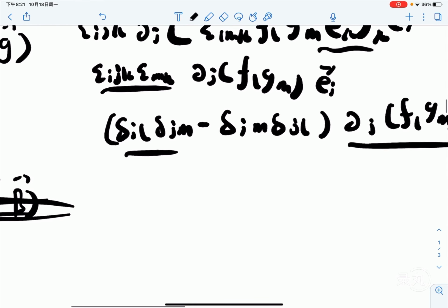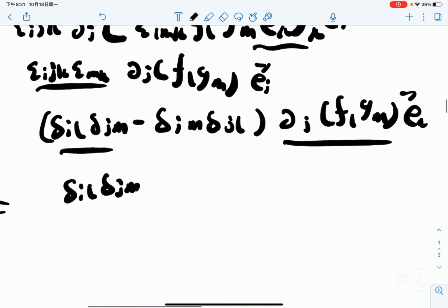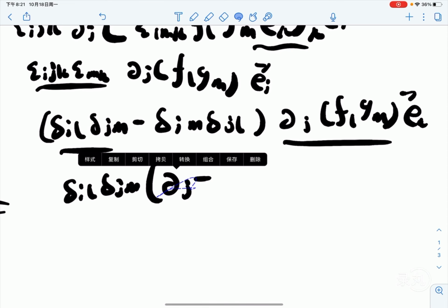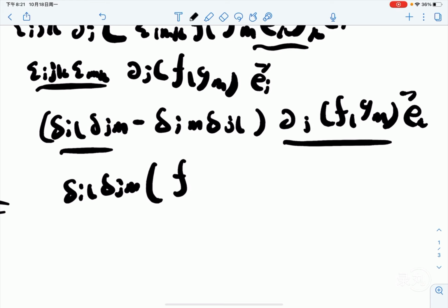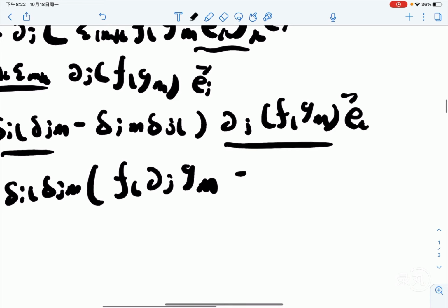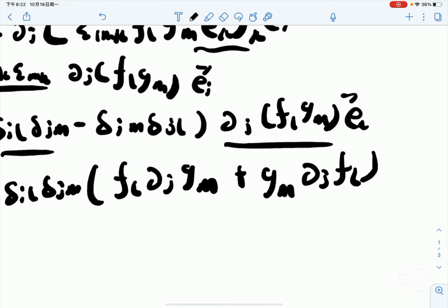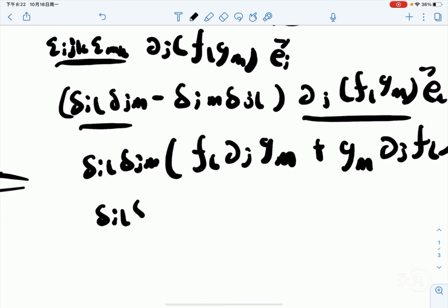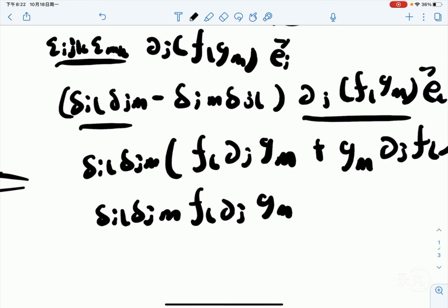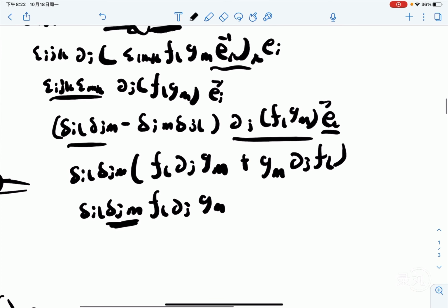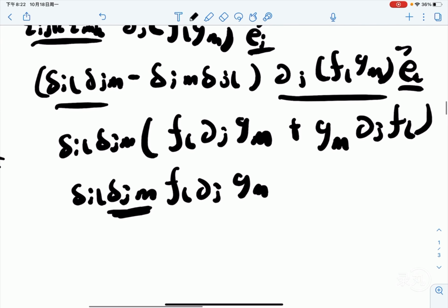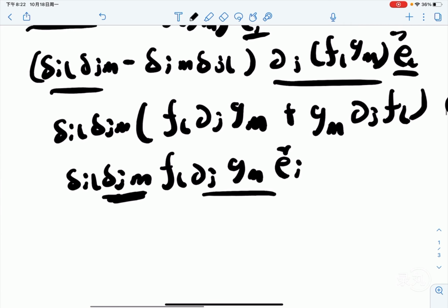And we're going to take a look at the first term, which is equal to ∂_J (F_L G_M), and by the chain rule we can get this is equal to ∂_J F_L G_M plus G_M ∂_J F_L. So δ_IL δ_JM, and don't forget, there's e_I this time here. The first term requires that J is equal to M, so this term is just a dot product.